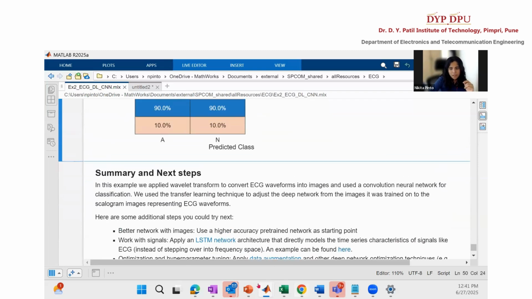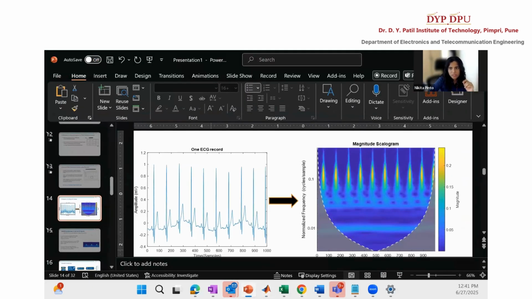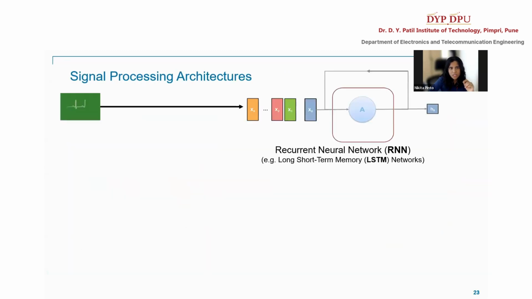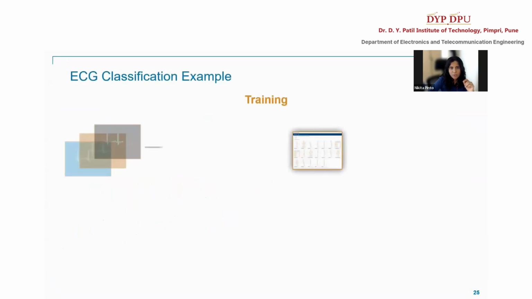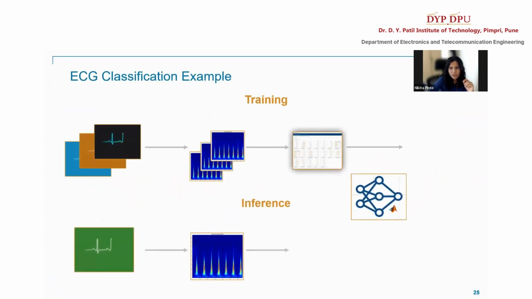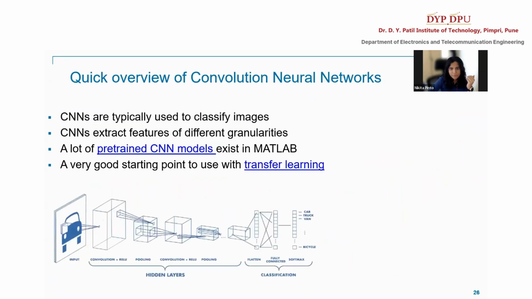Okay. So just to recap here, what we did was we took our signal, we computed its scalograms, we trained a neural network on the scalograms as images, and then we're using it for inference. Okay.